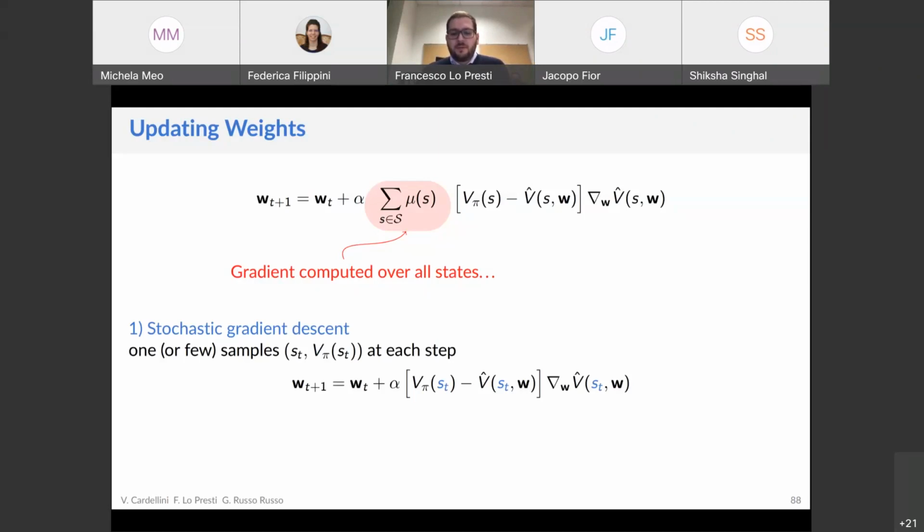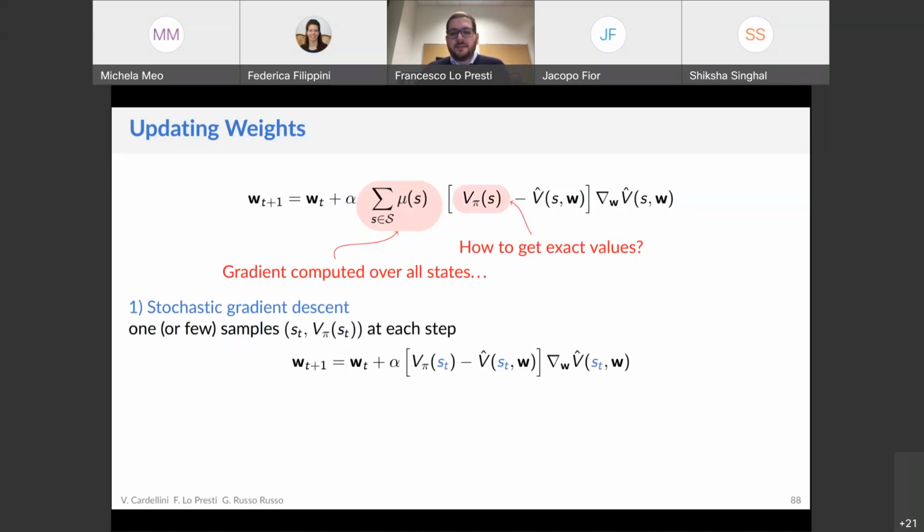The second problem we have is that the formula requires us to know the exact values of the value function to compute the error. But unfortunately, we don't know the value function. Otherwise, we wouldn't need to learn it.